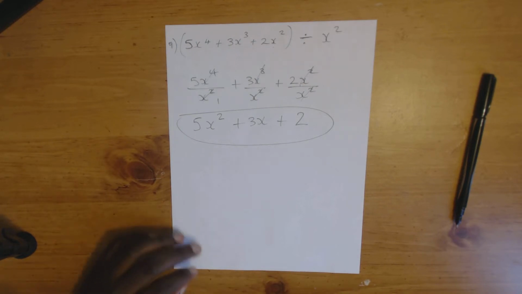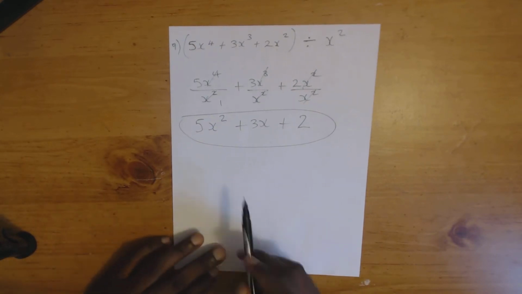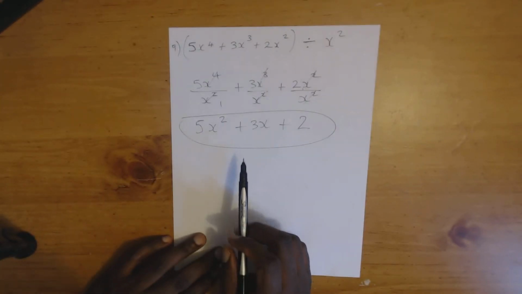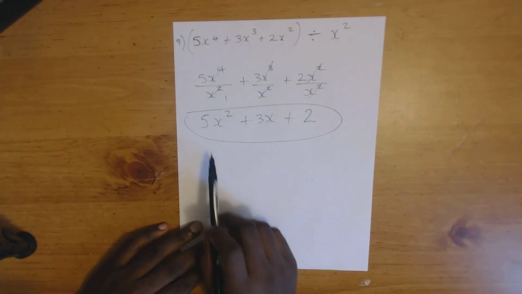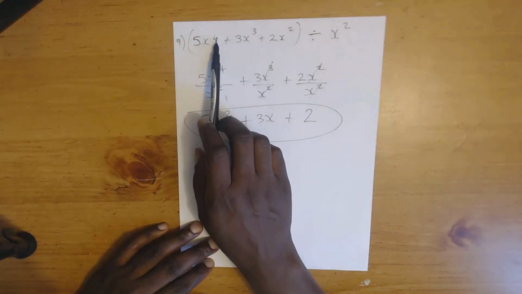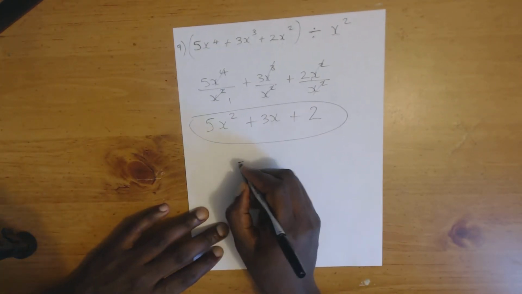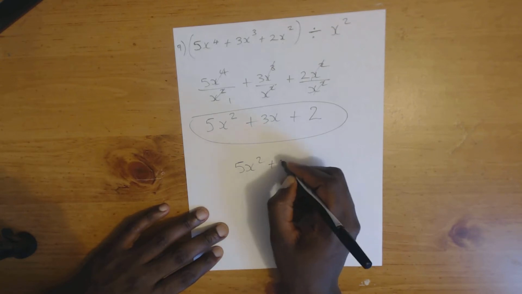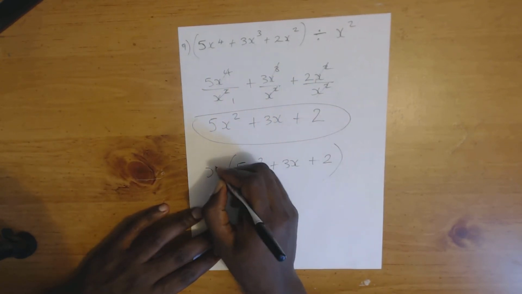Okay? And you could always double check to make sure that your answer is correct and that you've done the right thing. If you have any doubts, you should be able to get back this expression if you multiply this by x squared. Let's do it. So 5x squared plus 3x plus 2, and we're going to multiply that by x squared and see if we get this back.